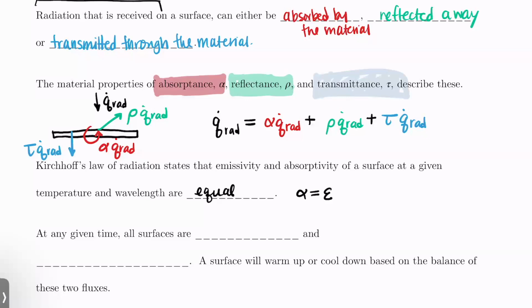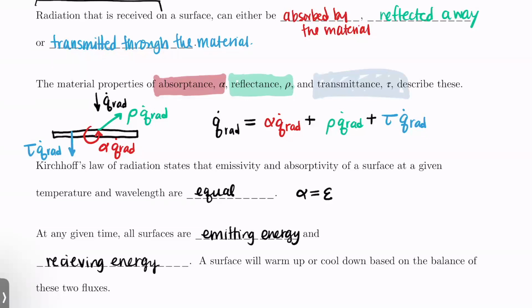At any given time, all surfaces are emitting energy and receiving energy. A surface will either warm up or cool down based on the balance of those 2 fluxes. If it's receiving more radiation energy, it's going to heat up. If it's emitting more, then it'll cool down.